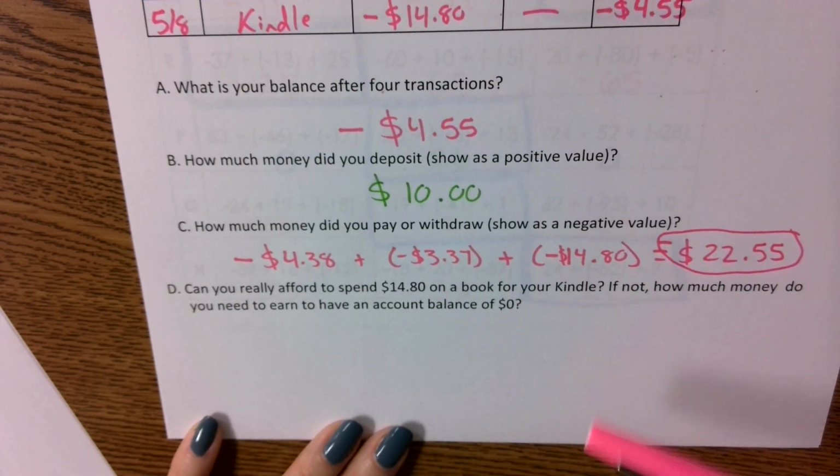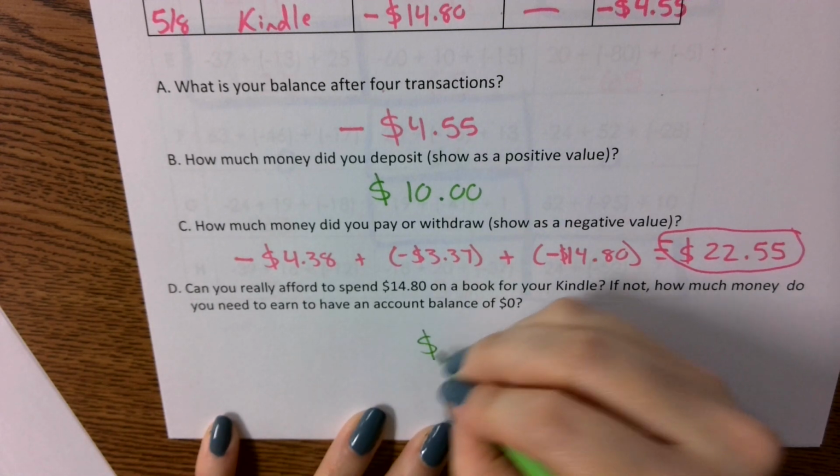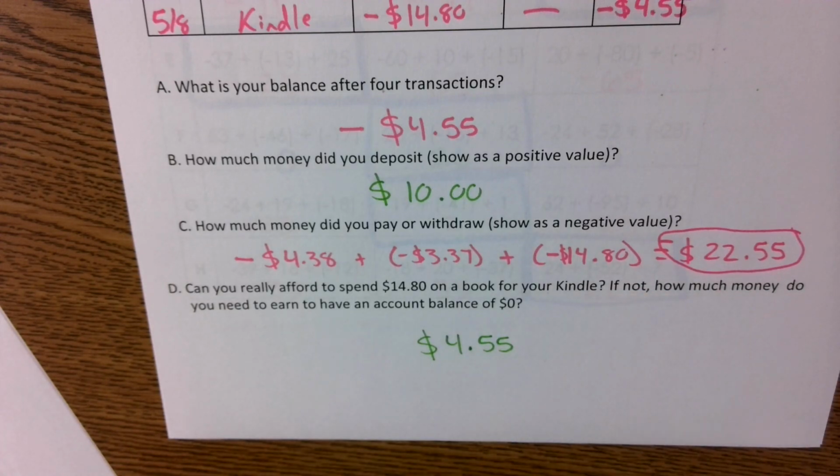So I didn't have enough money to buy the Kindle, did I? No. How much more money do I need in order to be able to buy the Kindle, Amara? $4. Yep. If we had just an additional $4.55, we would be able to purchase the Kindle without any overdrafting.